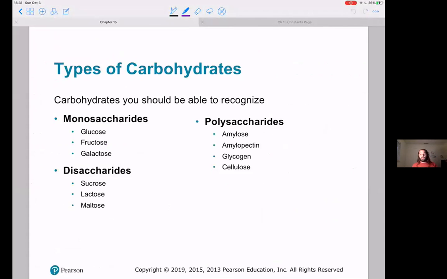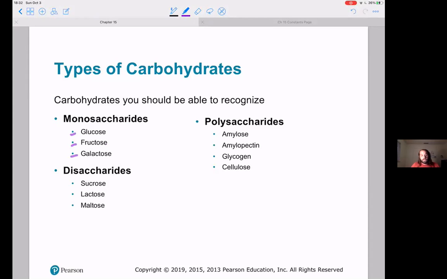There are ones that you're just going to be expected to know. I hate memorization, but I've looked through some past ACS exams, and the fact of the matter is that there's some amount of factoid trivia type knowledge that they expect you to know. For example, they want you to be able to identify the three main monosaccharides: glucose, fructose, and galactose.